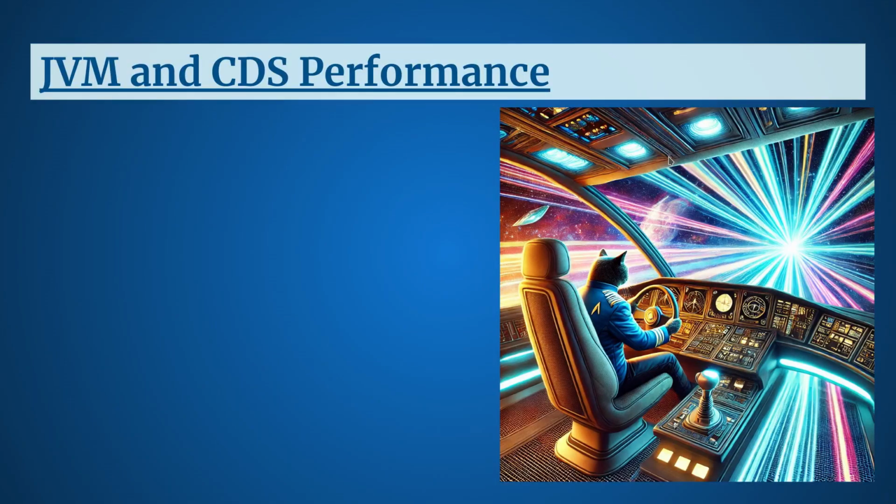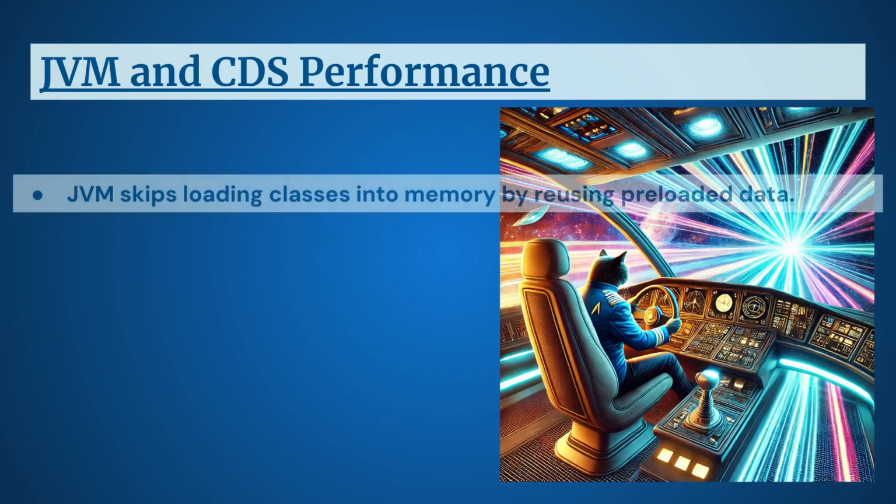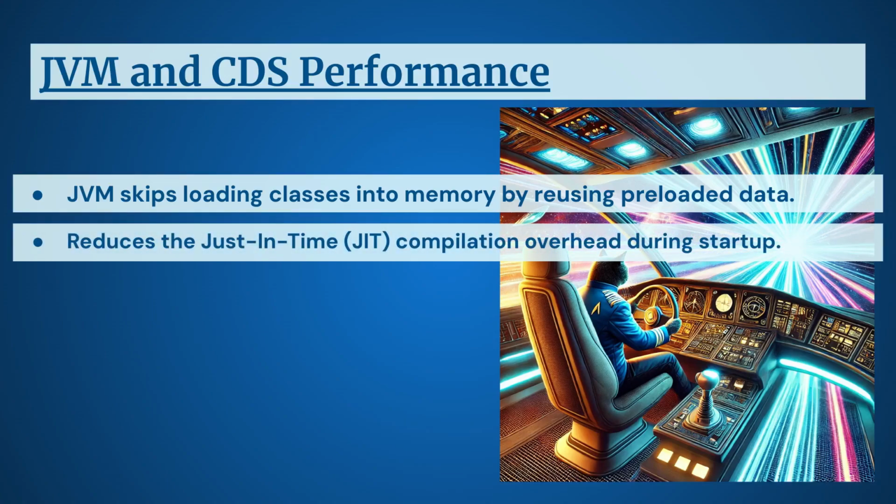The JVM and CDS have an influence on each other in terms of performance and how the application behaves. We have seen before that the JVM skips loading classes into memory by reusing preloaded data that is available in the JSA files, the Java Shared Archive files. It reduces the just-in-time compilation overhead during startup.